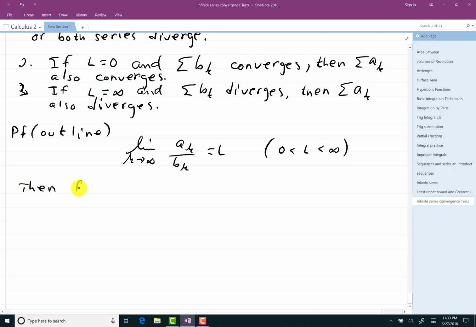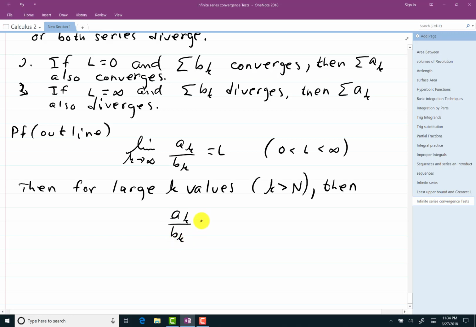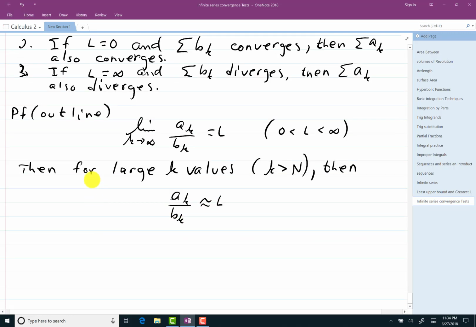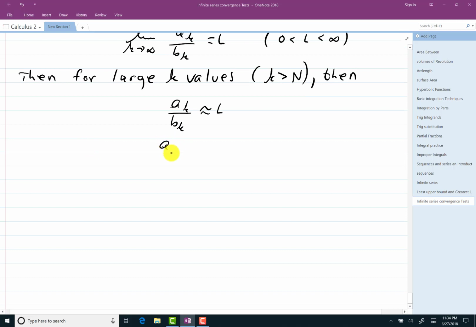Then for large k values, if you remember, most of our arguments will say something like k is greater than some mysterious number capital N. Then if there are large values, we do know that A sub k over B sub k is approximately equal to L. Then A sub k is approximately equal to L times B sub k.